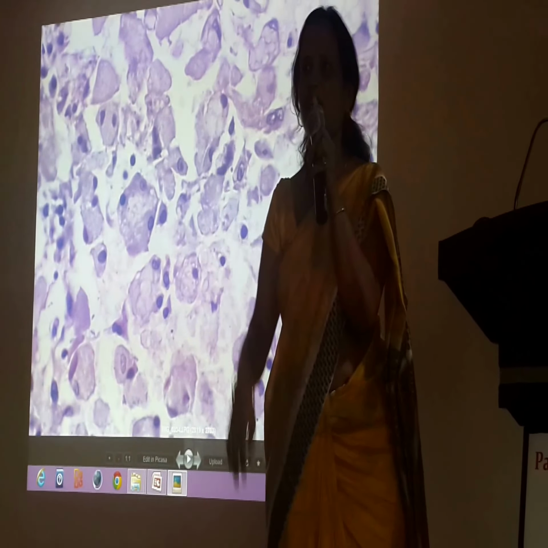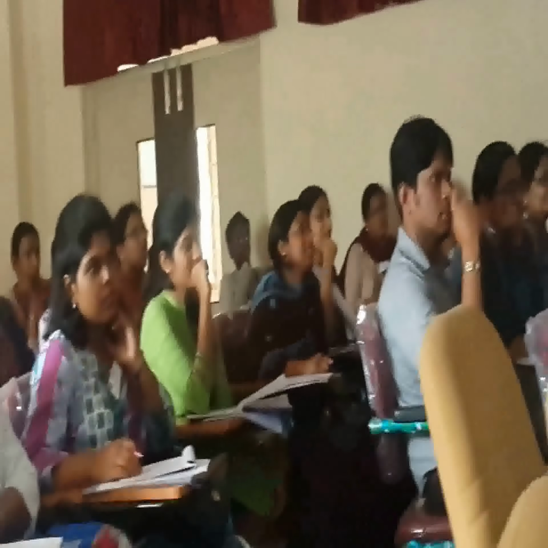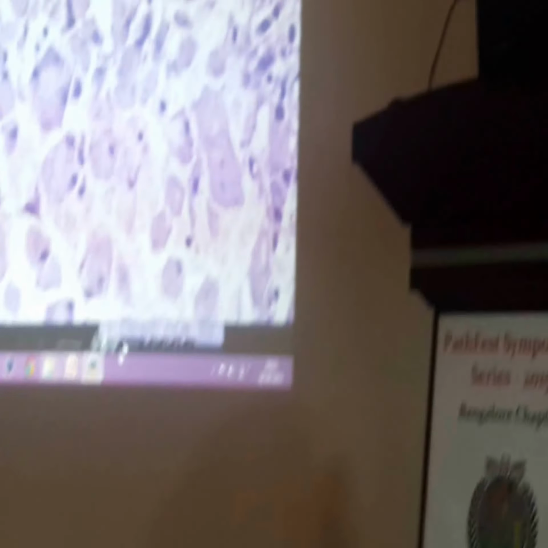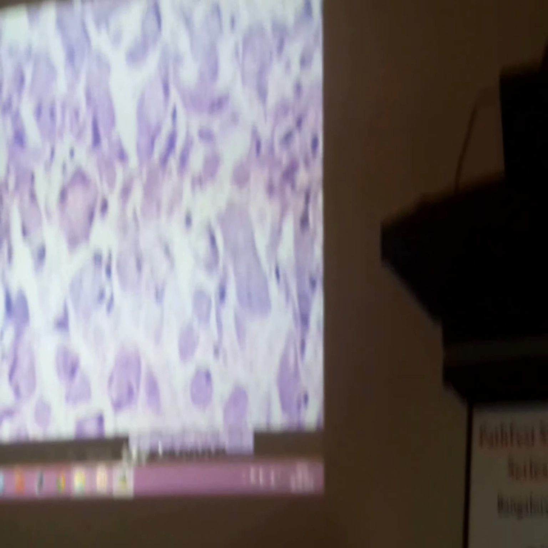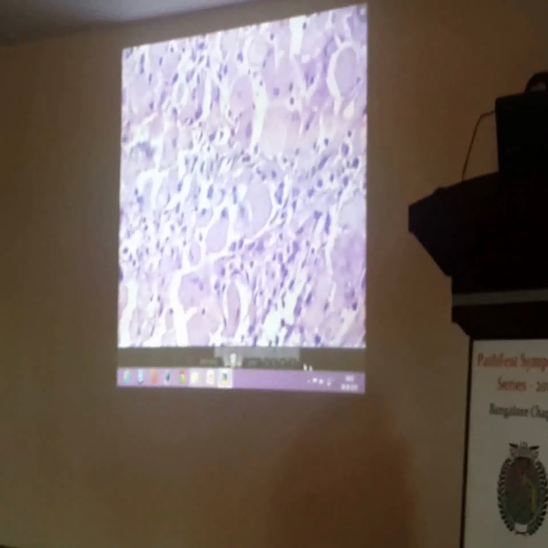How do you differentiate this from ganglion cells? More eosinophilic cytoplasm then? Ganglion cells have a nice nucleus with nucleolus, which will be seen very well. So you are seeing cells which are very large, as you said, with an eccentric or centrally placed nucleus.